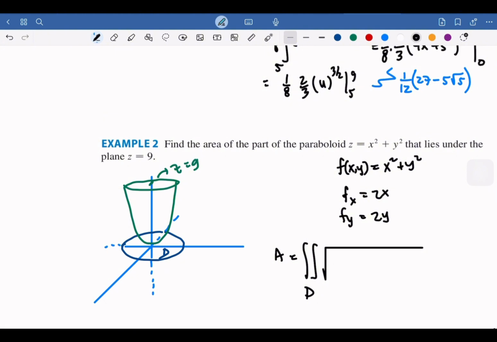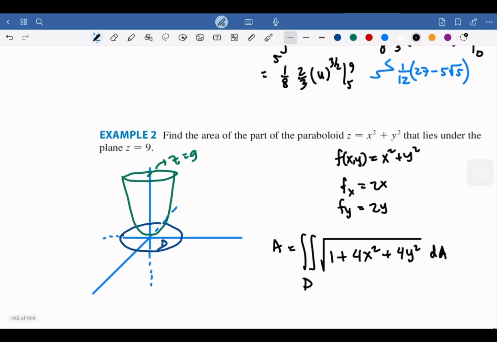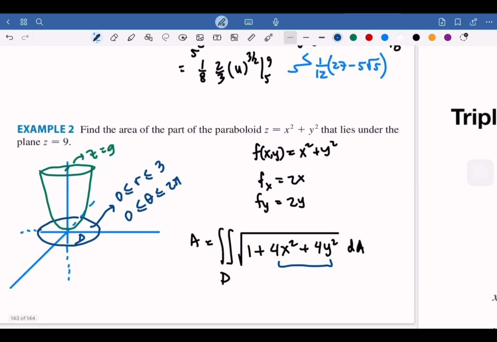And then I will write this: the square root of 1 plus 4x squared plus 4y squared, dA. Now D will be a circle with the radius from 0 to 3, and theta for the full circle from 0 to 2 pi. And then we could apply that and change xy to r. Okay, so we can write this.